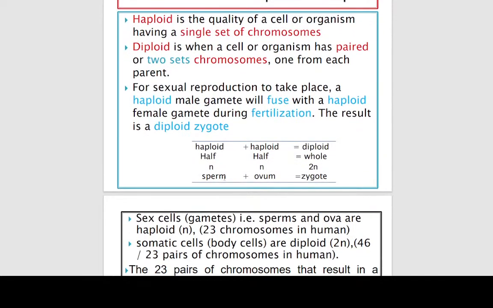One chromosome will come from a sperm. One chromosome will come from the ovum. And then you form a zygote. A sperm does not come from a lady, it comes from a male. So this is coming from the paternal line, and this comes from the maternal line, and then you form a zygote.